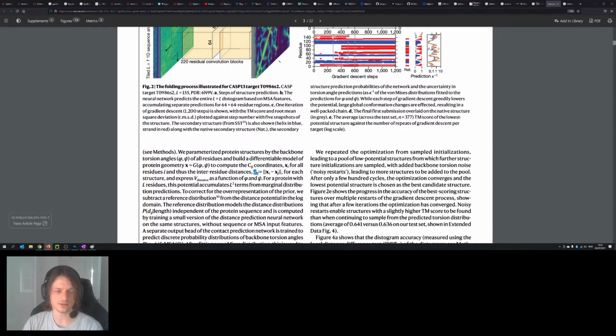So each dimension of that layer is equal to the magnitude of xi minus xj. This is interesting. For each structure, we express the distance as a function of phi and psi.